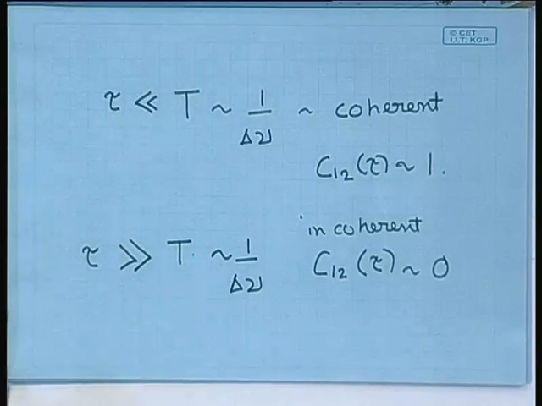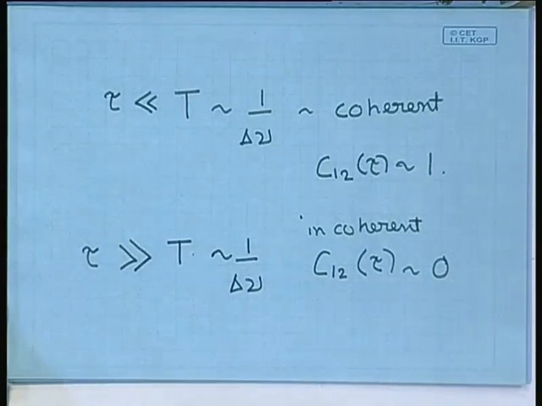So I hope I have convinced you that if the time delay which I give is smaller than the time scale on which the amplitude and phase of the wave changes, then I expect the two waves to be coherent. If the time delay is larger than the time scale on which the amplitude and phases are changing, I expect them to be incoherent.